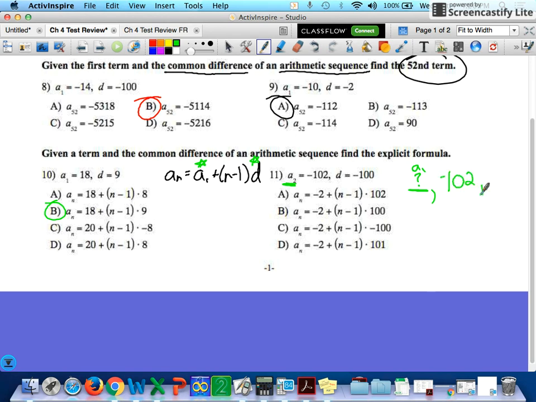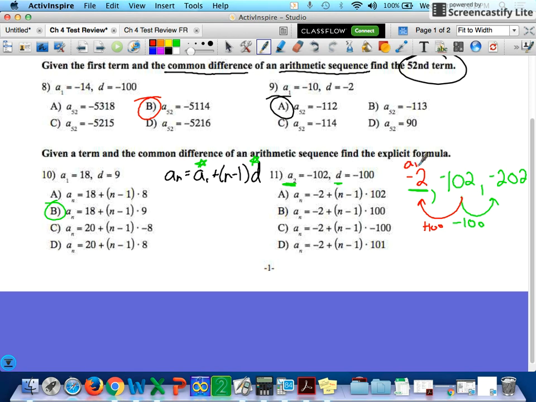And I know my common difference is, every step of the way, I've got to go minus 100. So my next term would be negative 202, but what's important about that is it means if we wanted to backtrack this and go the other direction, we would have to add 100. Well, if I add a positive 100 to what I had for my A sub 2, I end up with negative 2 being my A sub 1.